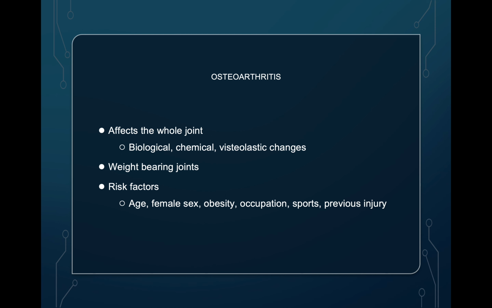Now, with osteoarthritis, the joints that tend to be affected are our weight bearing joints. So, like our hips, our knees, our ankles, and they also tend to occur in a unilateral pattern simply because damage doesn't occur equally side to side, those repetitive micro traumas.